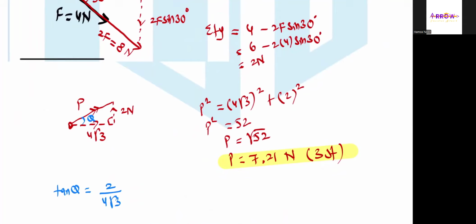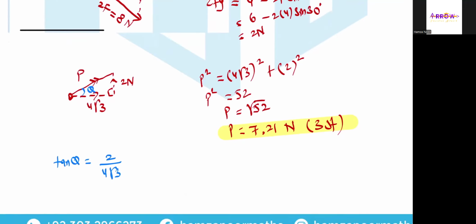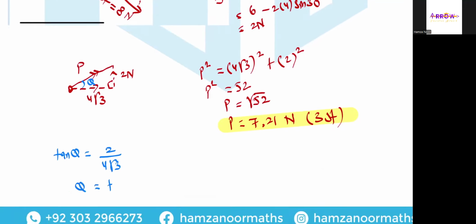Alternatively, I can use sine theta and cos theta by considering the hypotenuse P: cos theta is adjacent over hypotenuse and sine theta is opposite over hypotenuse. That is also perfectly fine. So theta is tan inverse of 2 divided by 4 root 3.